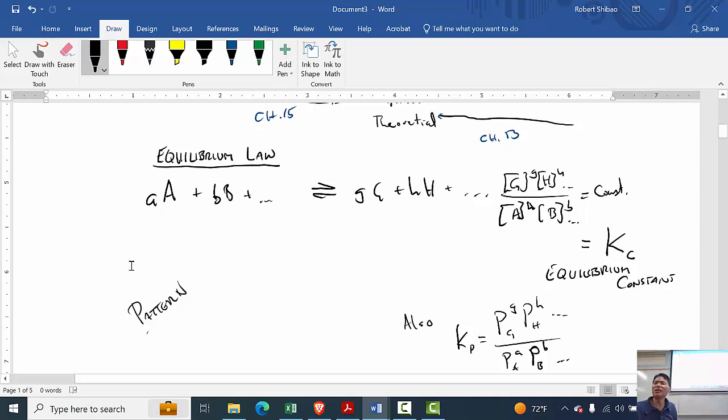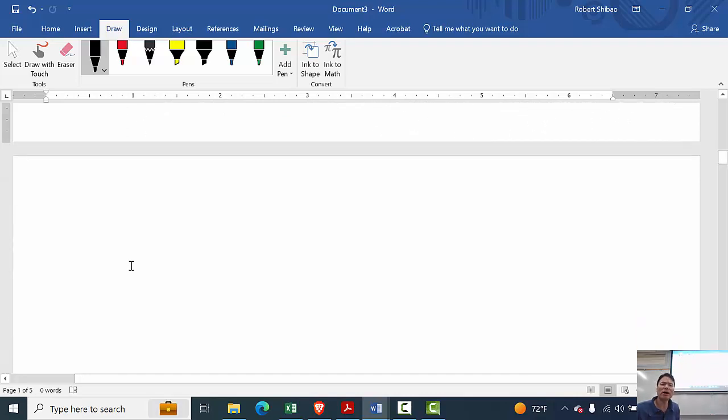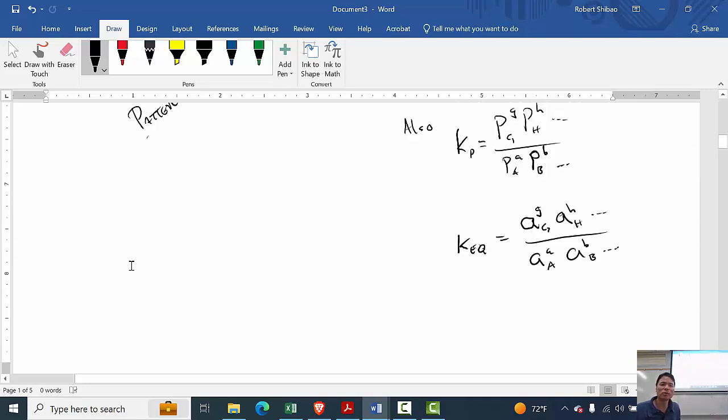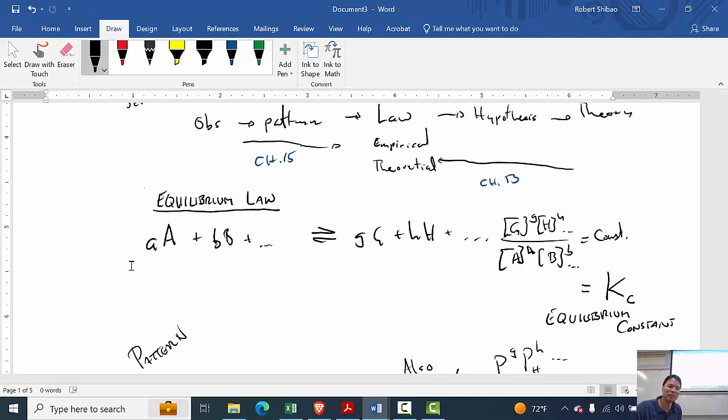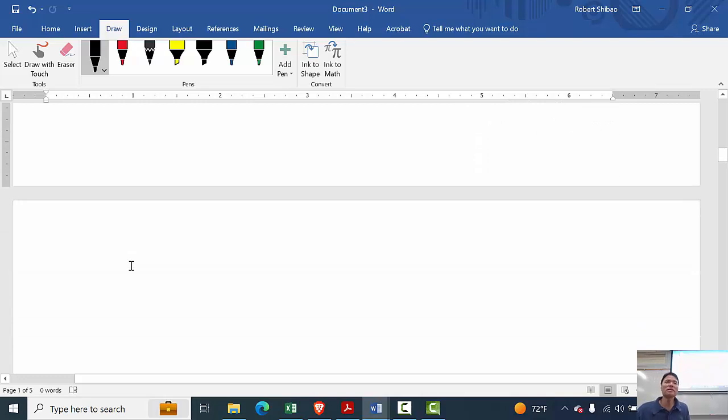We don't have to understand the law to use it. This is a very powerful law, because the equilibrium law, let me put that in quotation marks because nobody calls it the equilibrium law except for me maybe, allows us to do stoichiometry.